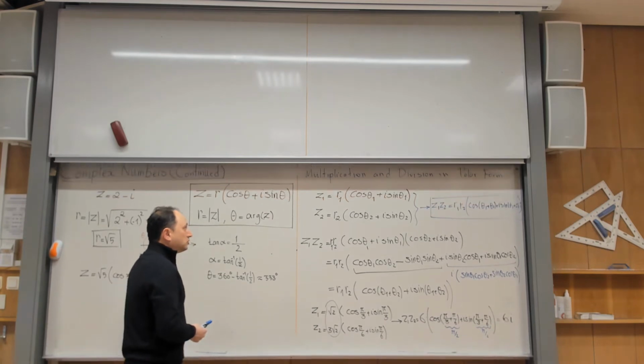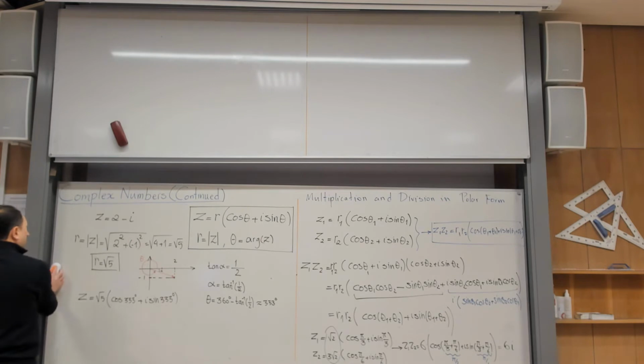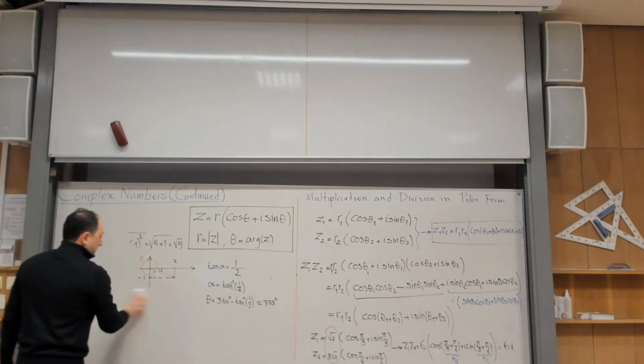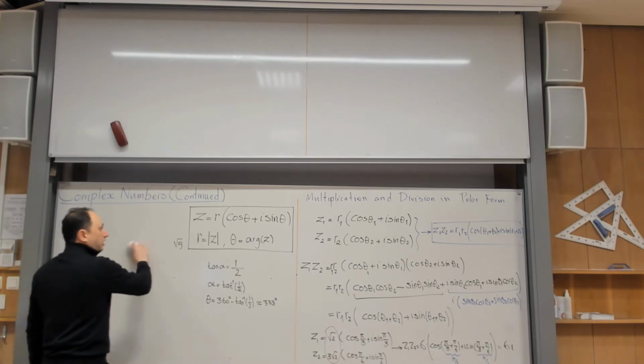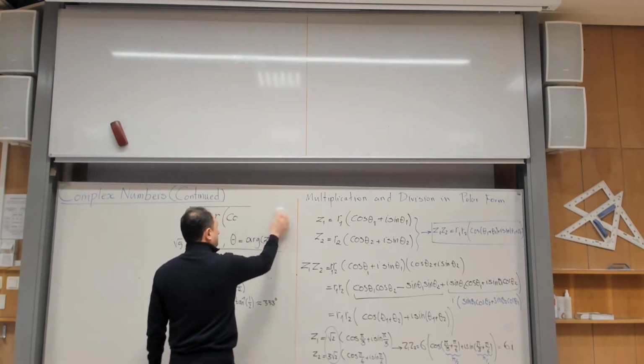For the division, more or less, we have the same thing, yes. But I think you probably will be able to predict what will happen if we divide. For example, I give you these two complex numbers and I ask you to divide them.